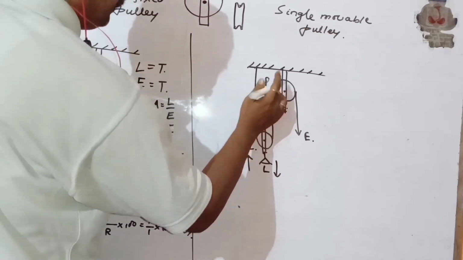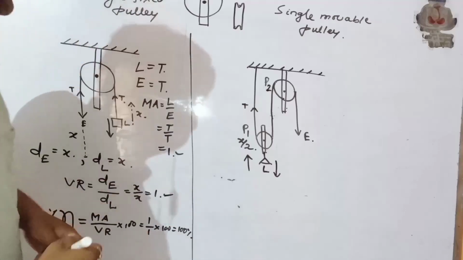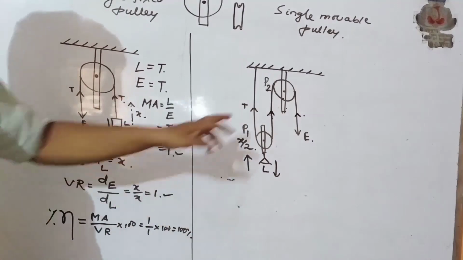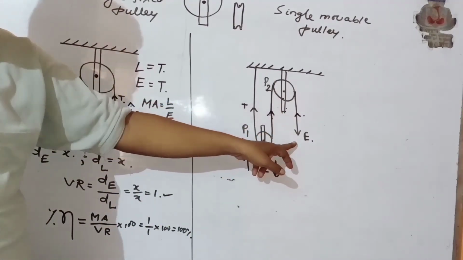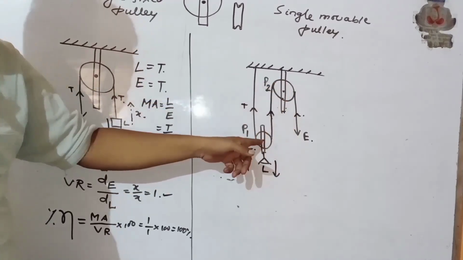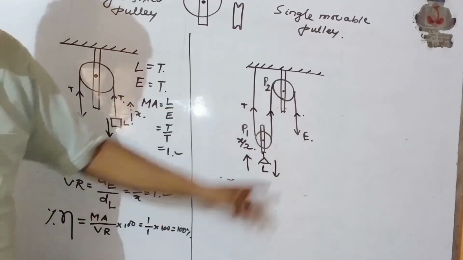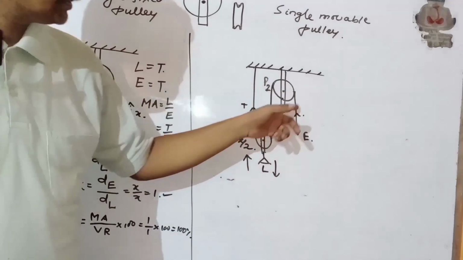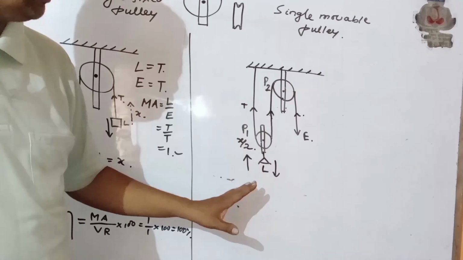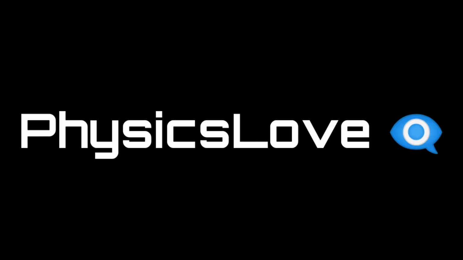The pulley P1 is the movable pulley and the pulley P2 is the fixed pulley. This arrangement is modified just to change the direction of effort, because if we connect a single fixed pulley with the single movable pulley, then the effort can be applied in the downward direction, which is convenient. But this connection of the single fixed pulley does not change the mechanical advantage, velocity ratio and efficiency of the single movable pulley.